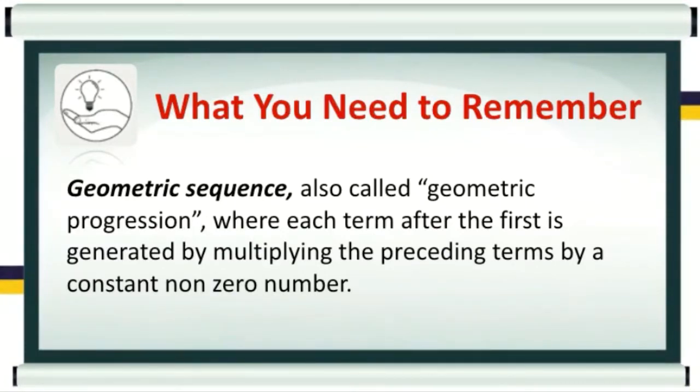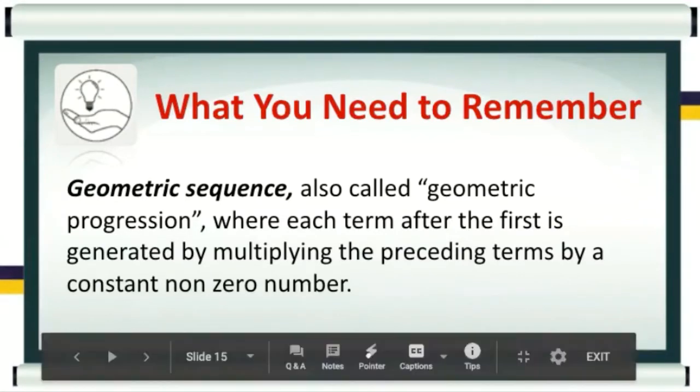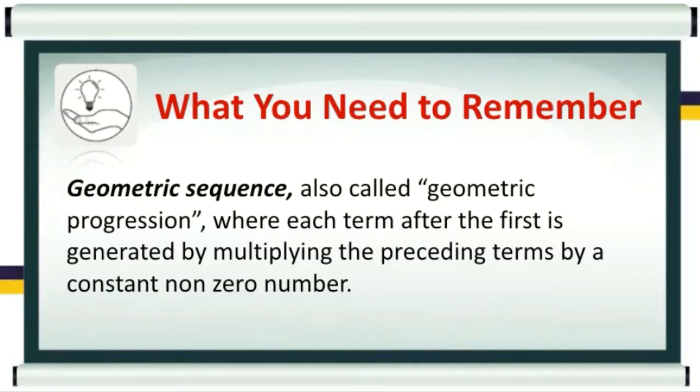What will happen if we multiply by 0? The answer is 0. There will never be a geometric sequence in that case. That is why we have to make sure that the constant is a non-zero number.